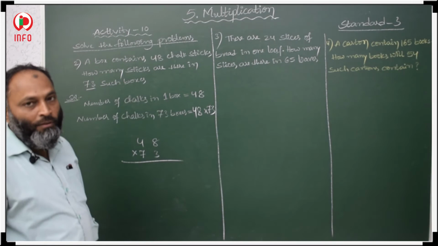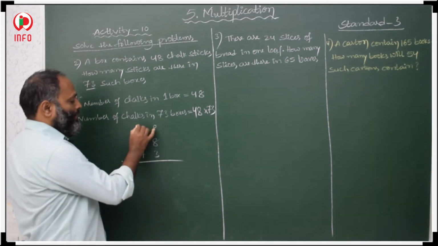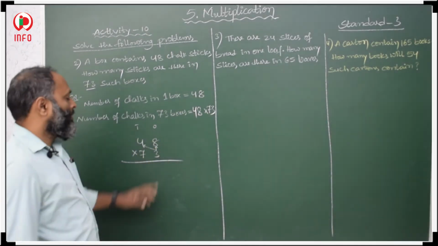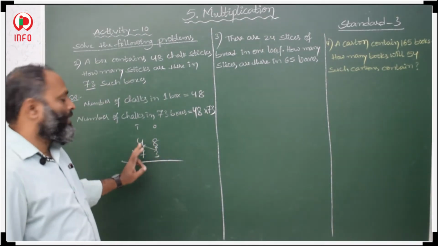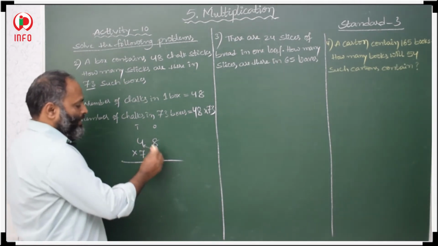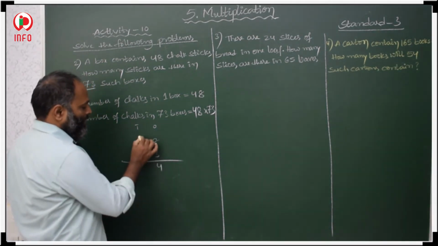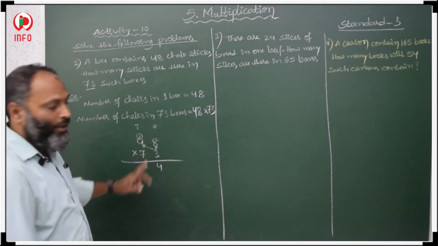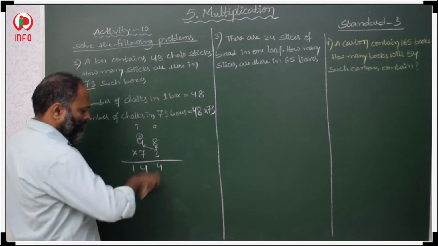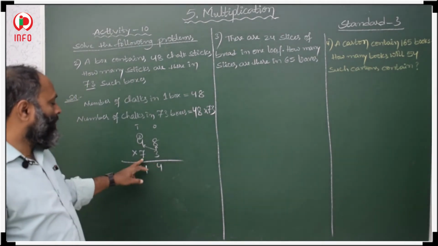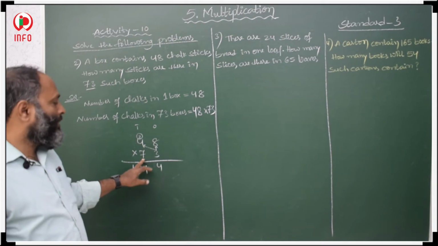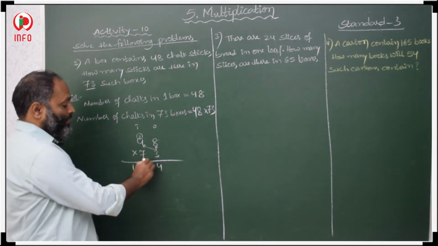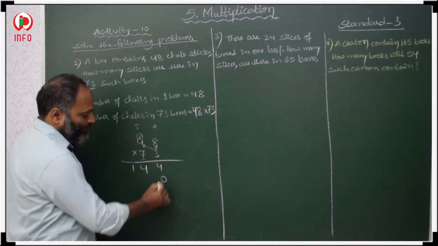Now, first what we have to do? We have to multiply 3 with 8, 3 with 4, 3 with the ones place, 3 with the tens place. 3 8s are 24 and 2 carry over here. 3 4s are 12, 13, 14. Then after that 7. We have to multiply 7 with the ones place, 7 with the tens place. Here 7 is in the tens place, so we have to keep a 0 first in the ones place.